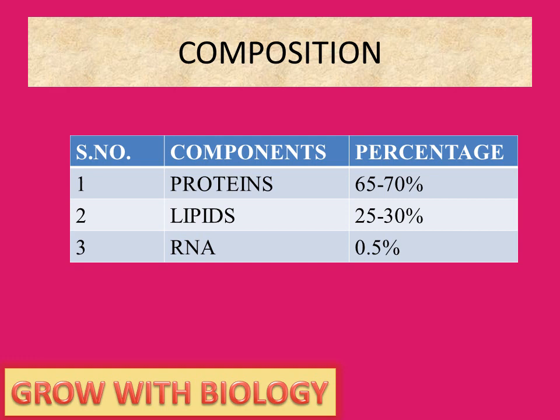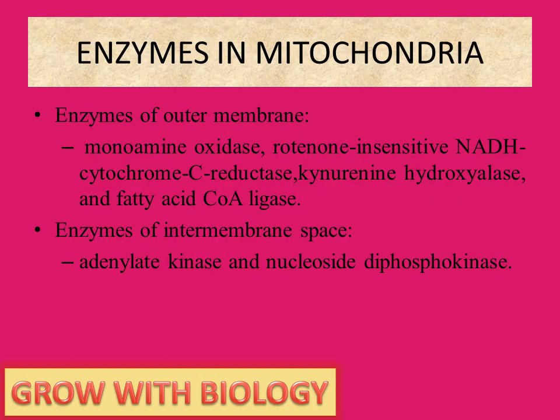When we look at the composition, it has protein 60 to 70%, lipids 25 to 30%, RNA 0.5%. Now when we talk about the enzymes in mitochondria, the enzymes in the outer membrane are listed here.